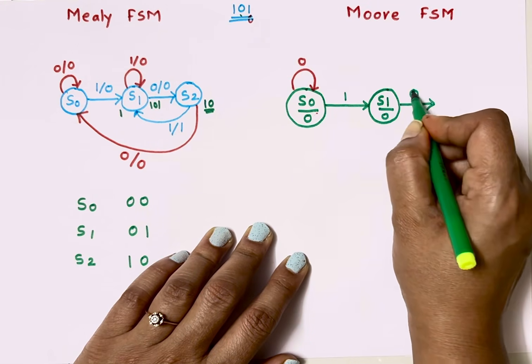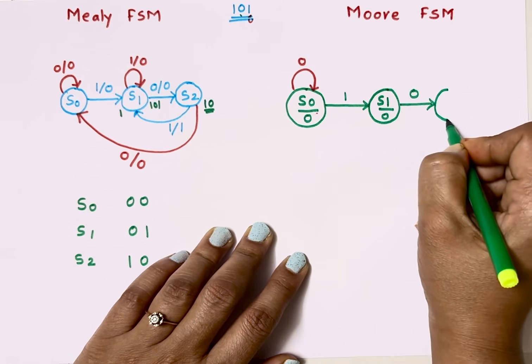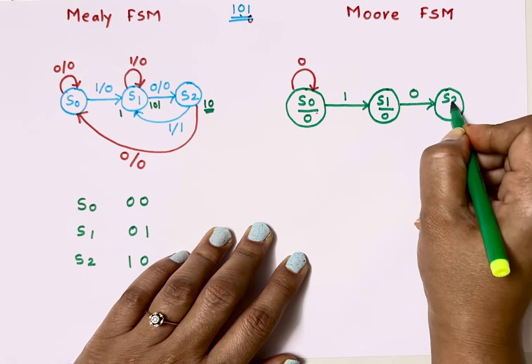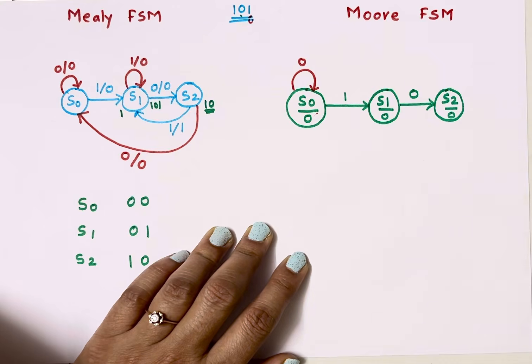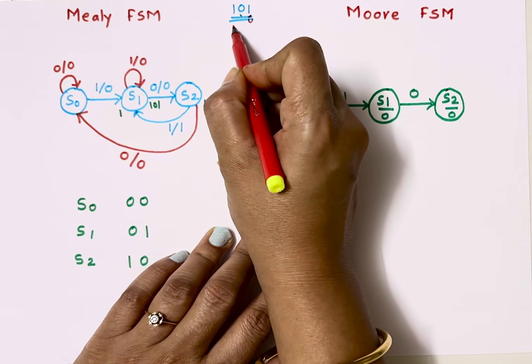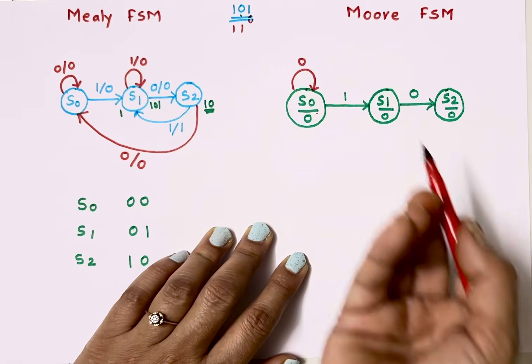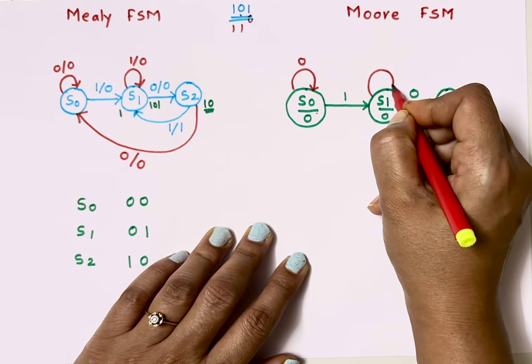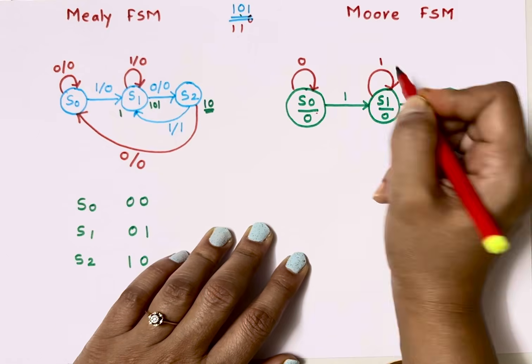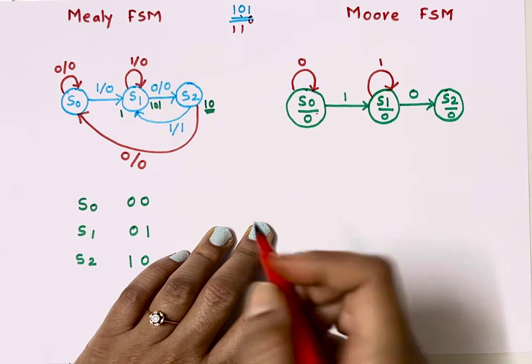If 0 comes, it will go to S2 and the output is 0. At S1, it is possible that the first bit 1, the correct bit, comes and next 1 can come again. So for that, it will remain in the same state if the input is 1.